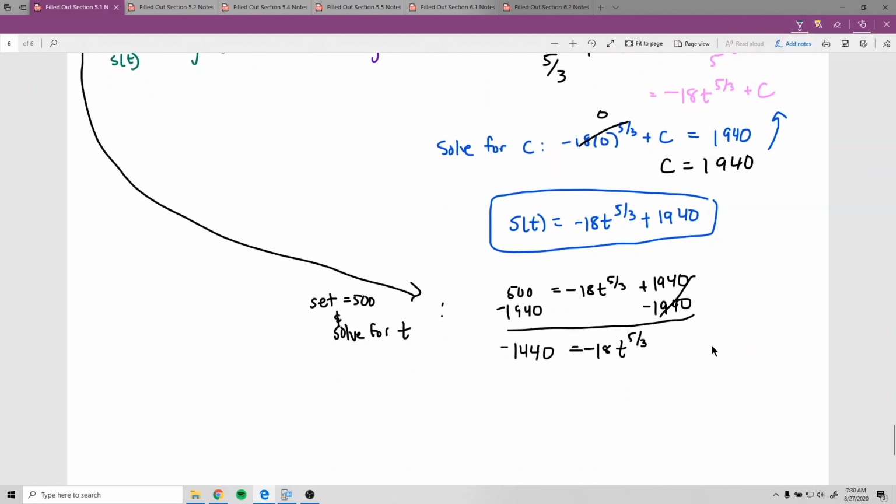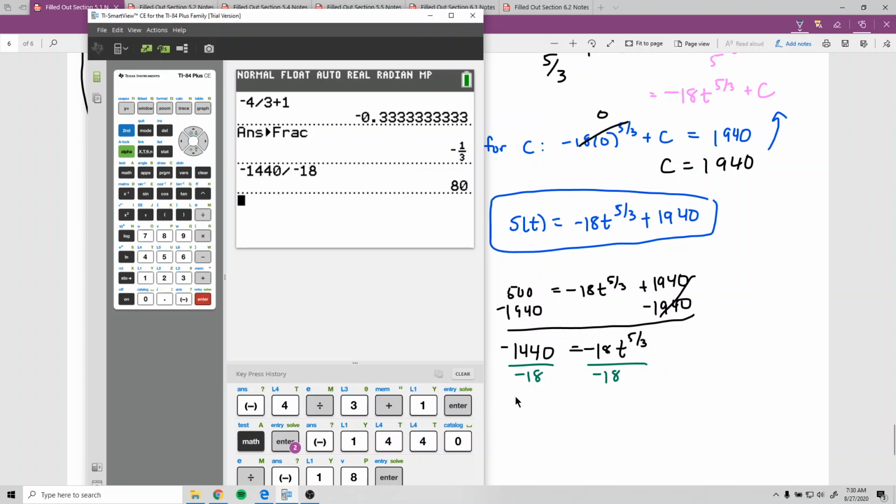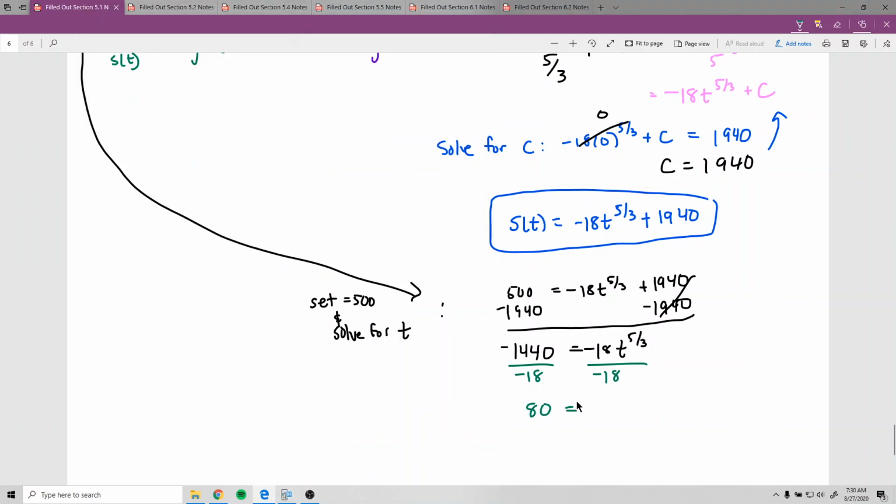Now to continue solving for t here, you want to get rid of that -18 first. I think this works out to a perfect number, but I just want to make sure. -1,440 divided by -18 is 80. So we got 80 equals t to the 5/3.